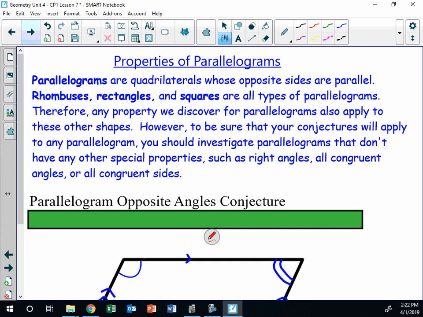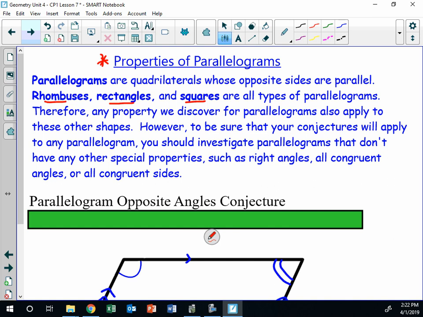Now, some important things to remember when we're looking at the properties of a parallelogram. A parallelogram is a quadrilateral whose opposite sides are parallel. The opposite sides are also congruent, or the same length. So a rhombus, a rectangle, and a square are all types of parallelograms.